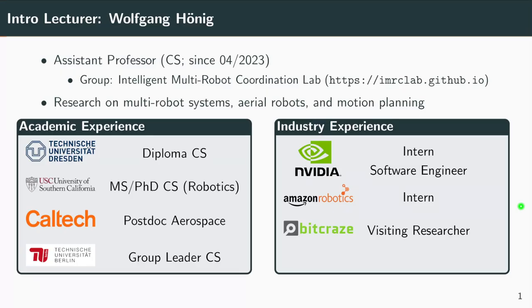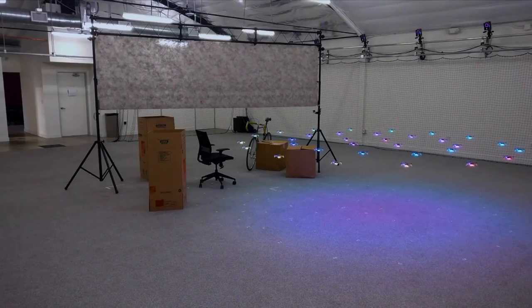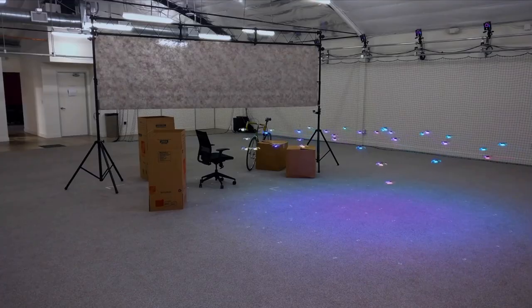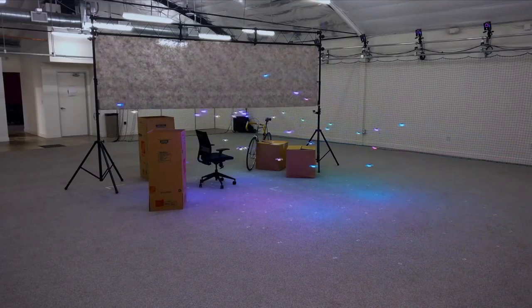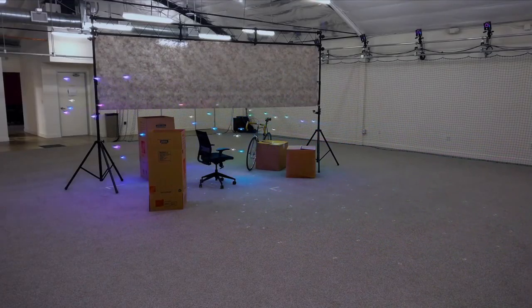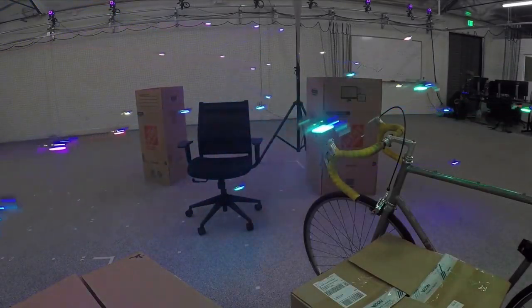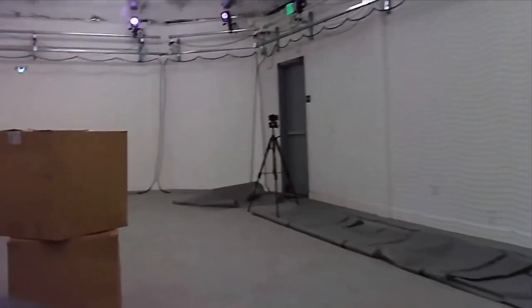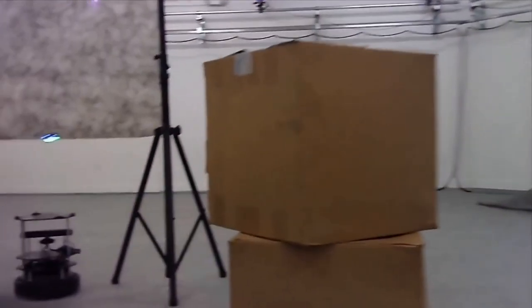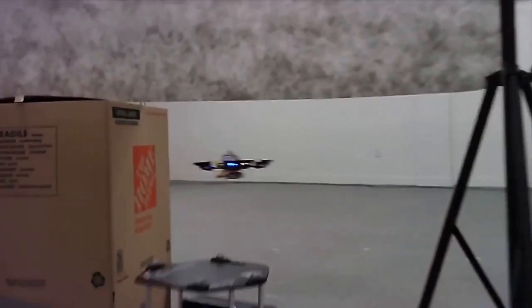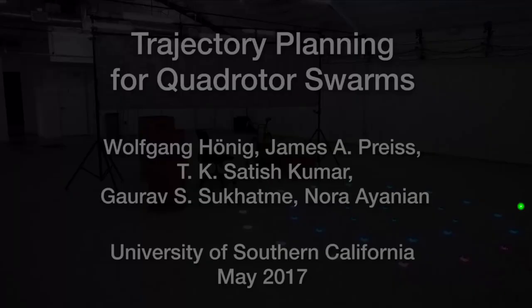And so what does motion planning look like in my research? Here's one example from a paper that's now about maybe 5, 6 years old. As you can see, we have flying robots in a known space, and there's a lot of clutter in that space, and we were interested in planning the motion so that the robots avoid a collision.